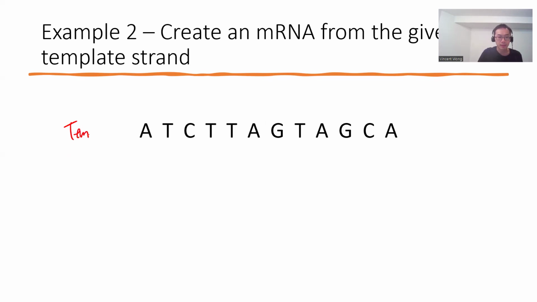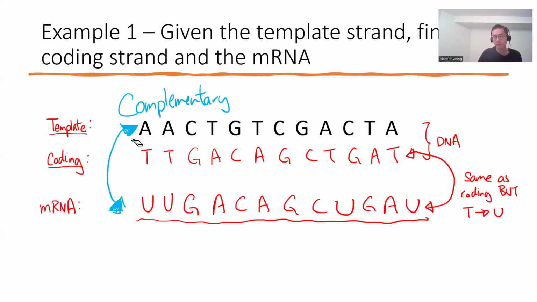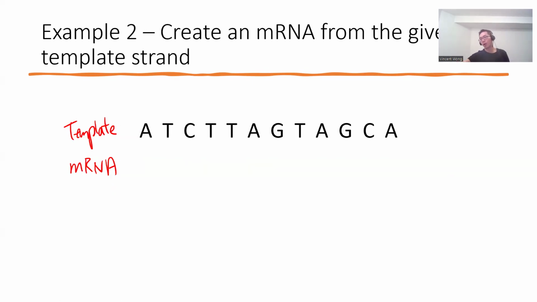You can go directly to the mRNA because we just found out that the template strand and the RNA strands are complementary. You can build that directly yourself. I'm going to give you a moment to do that. You can type the answer in the chat box. Actually, I would appreciate it if you type it in the chat box so I can see.